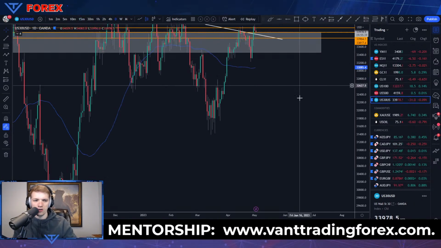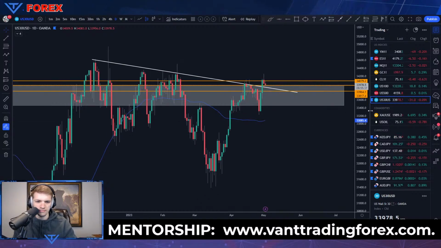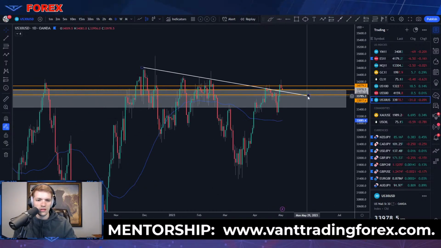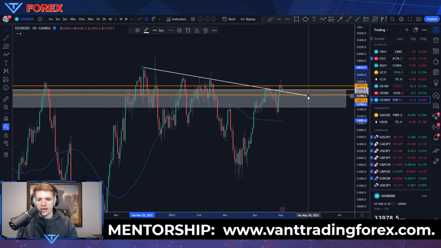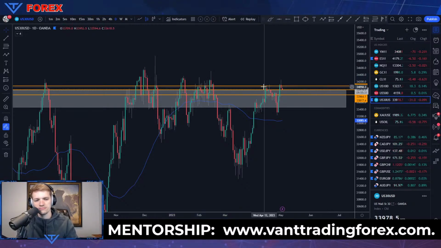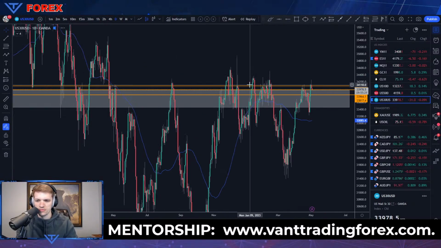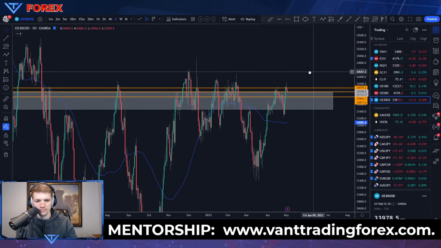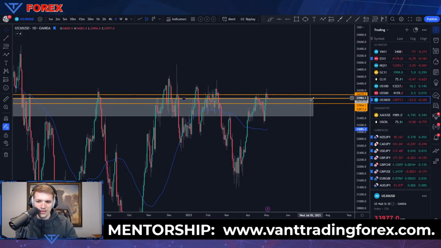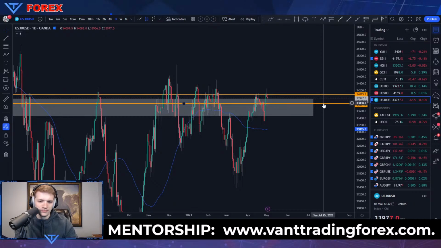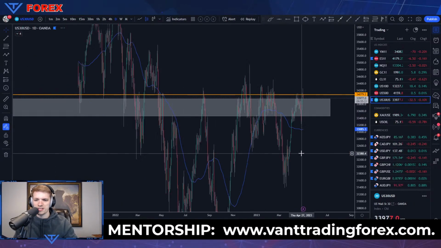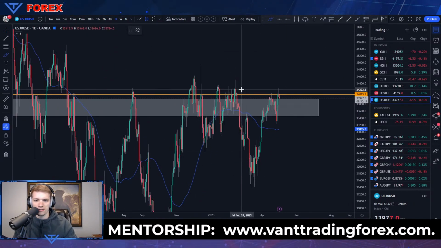Daily chart on the US30. So taking this trend line out of play because at the end of the day, horizontal is, in my opinion, stronger than diagonal trend. So we are sitting here at a pretty major area of resistance.